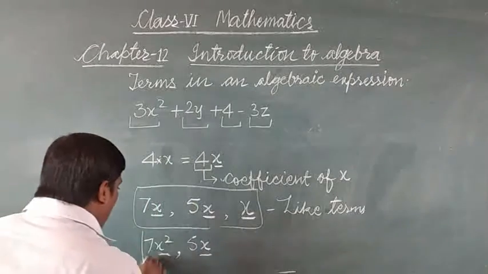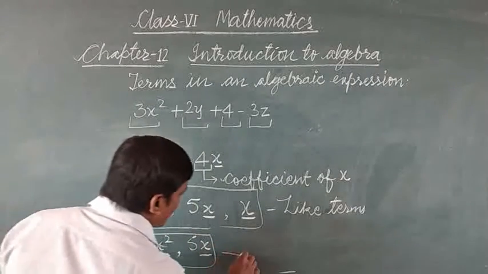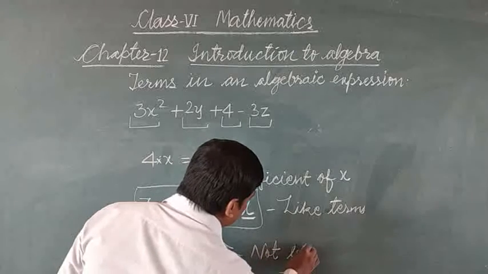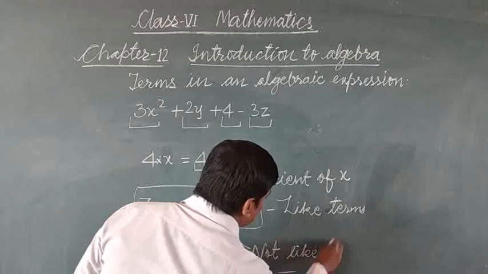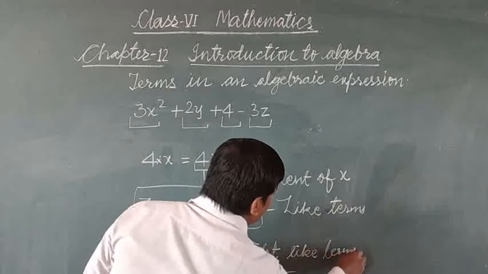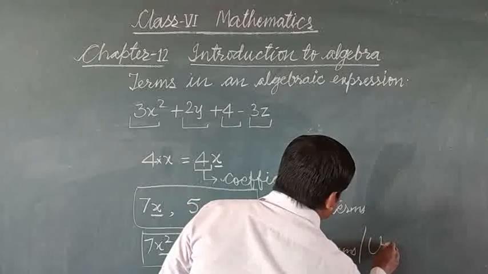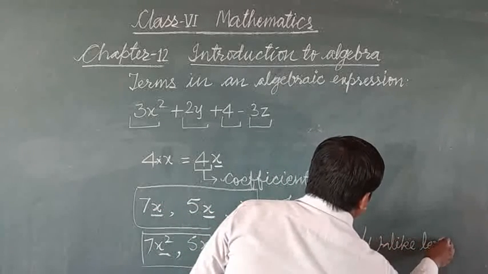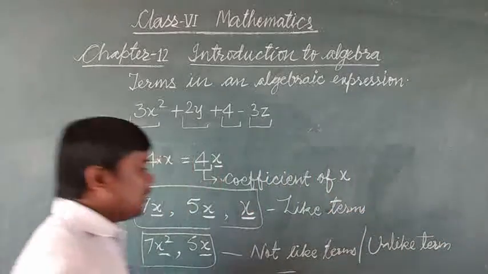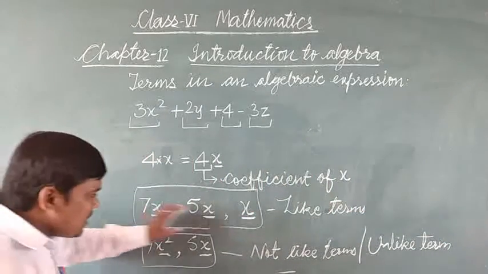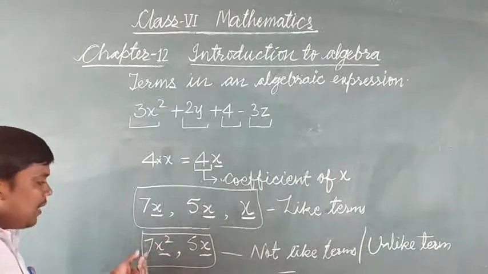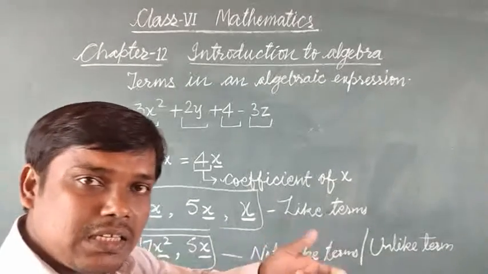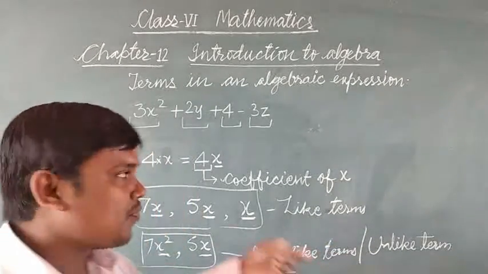So these two are not like terms, or you can say unlike terms. I hope you understood. In the same type of variable, if powers are different, then the terms are different.